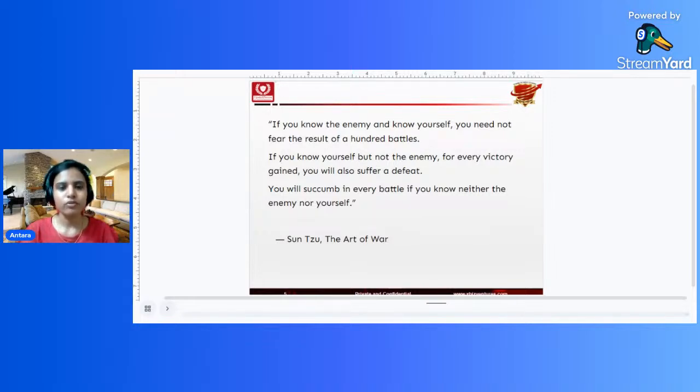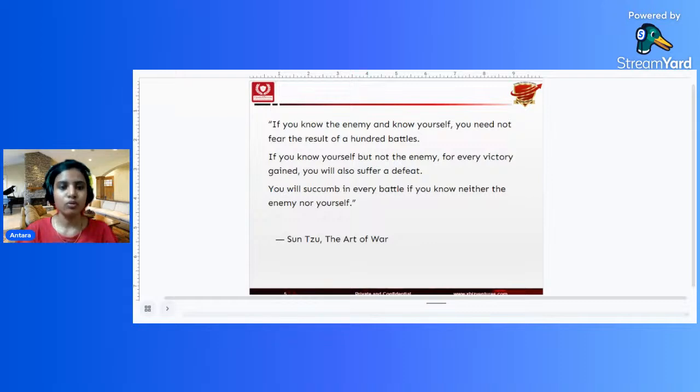So if you know your assets, if you know what security controls and measures you have in place as of now, and you also know the attacker, in the recent trend, what the attackers have been up to, just knowing the CVEs, or the technologies the attacker could go after, to find the weaknesses and to exploit them further, then you need not fear the result of any cyber attack.